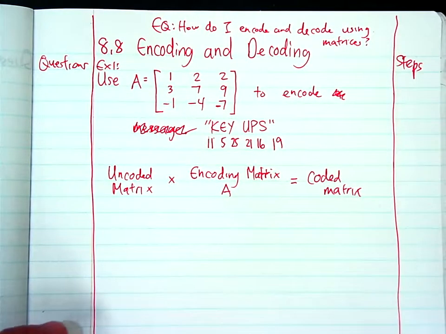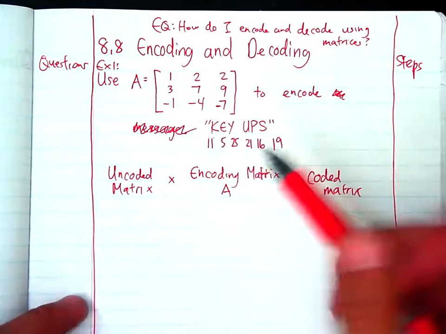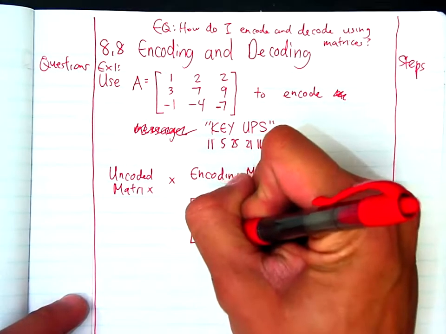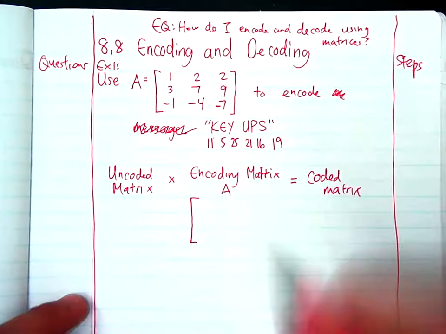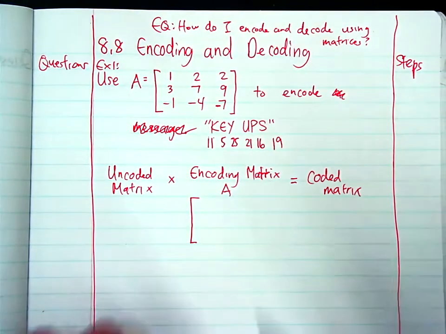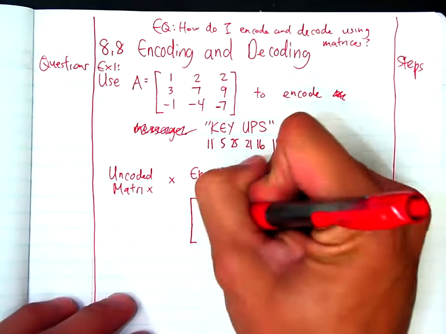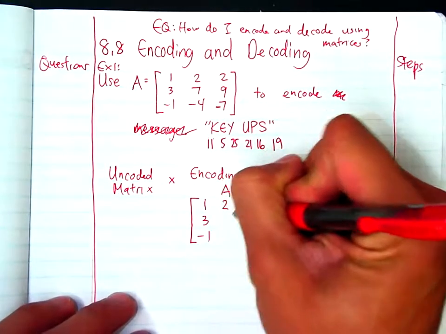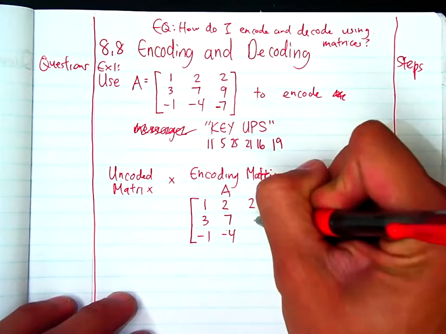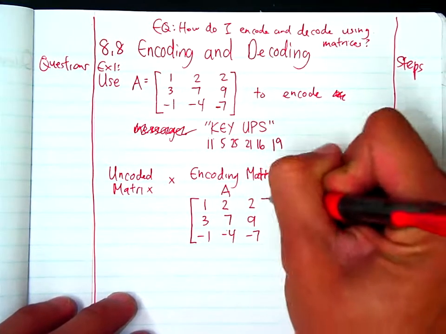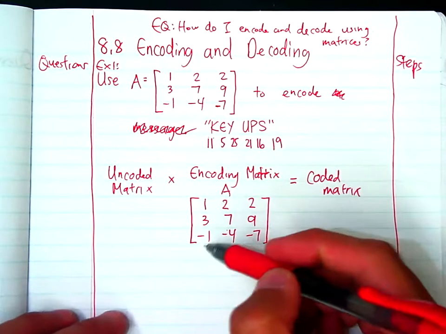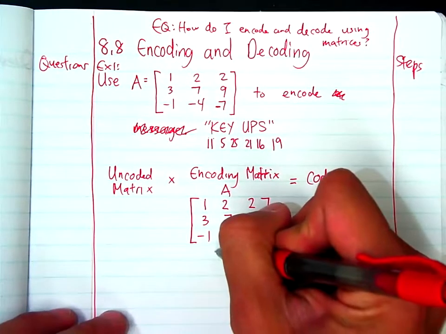My matrix A is going to be 1, 3, negative 1, 2, 7, negative 4, 2, 9, negative 7. Then I'm going to take 3 letters at a time because this is a 3 by 3 matrix.